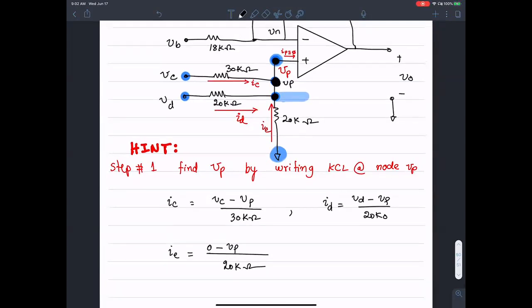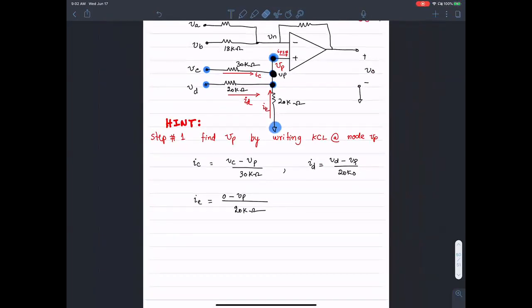So when I'm applying KCL, I can apply it in a bunch of different ways. I can say the sum of all currents leaving equals 0. Or I could even say sum of all currents entering is 0.